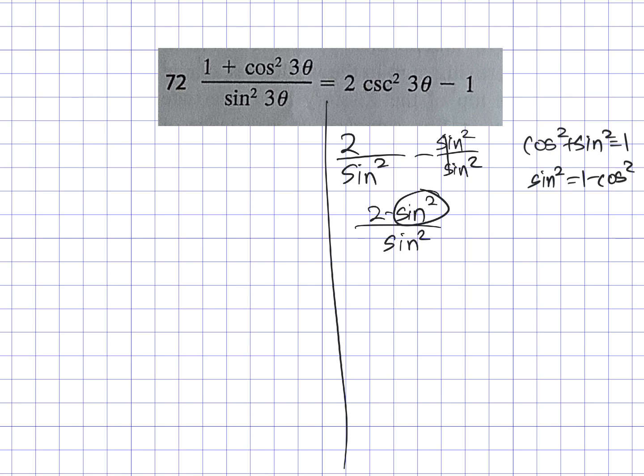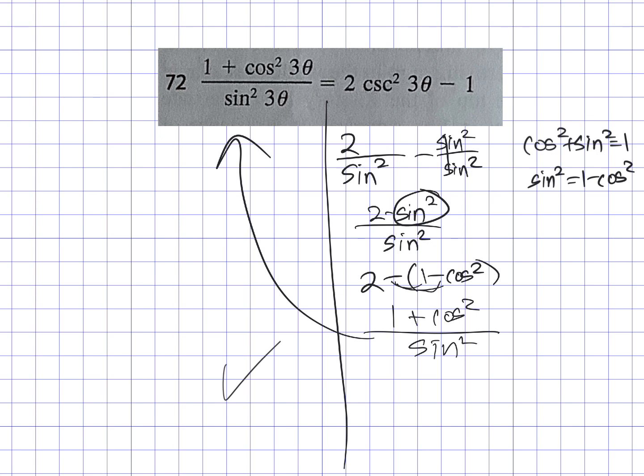So I'm going to change the sine squared to 1 minus cosine squared, and distribute the negative. 2 minus 1 is 1, and then we have a plus cosine squared all over the sine squared, which is what we have here. So check. You're just distributing the minus sign, not the 2. All right, let's go on.